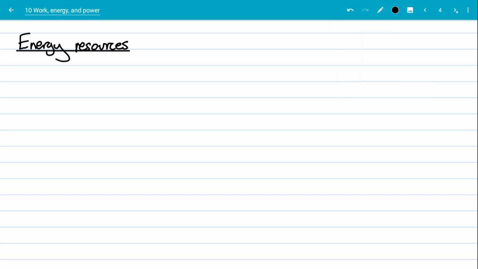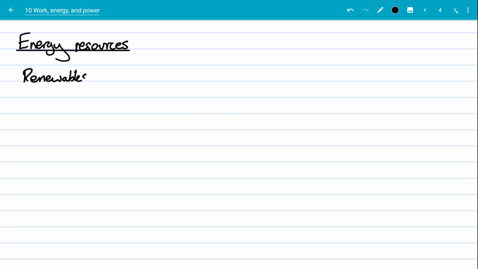We've got our renewables, such as photovoltaic cells, and thermal solar panels, so solar heating panels, I guess I'll call them. Both of these could be rather clumsily called solar power.